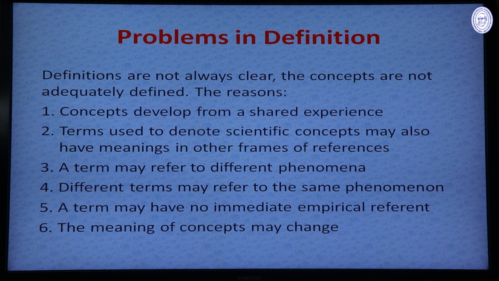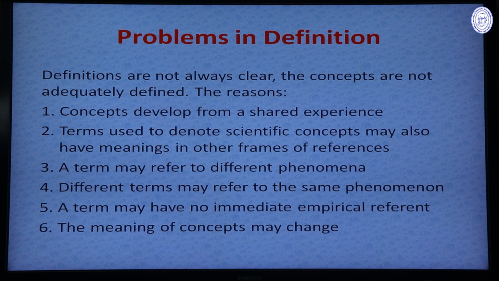Basically through naming we try to define the concepts, but this is not a very easy task, because there are certain problems in definition itself. So what are those problems? Look, definitions are not always clear. That is a common kind of problem in definition, that often we come across several definitions, but those definitions are not always very clear.